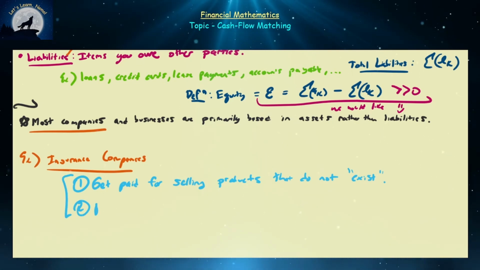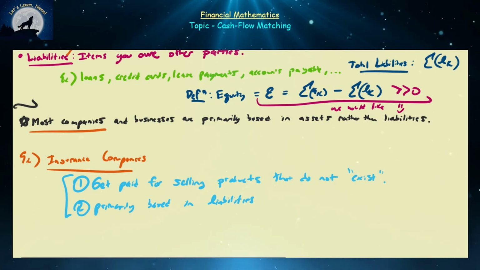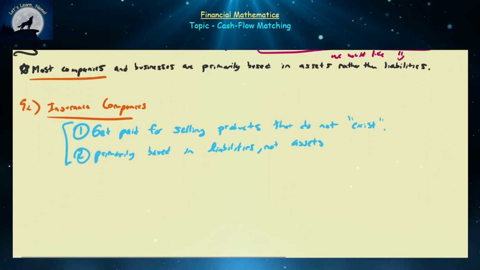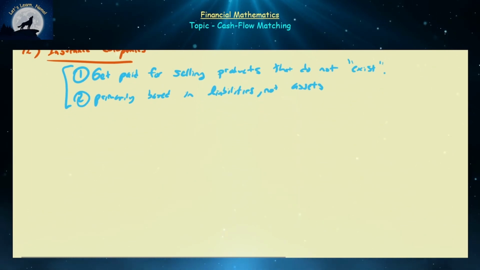And again, they are primarily based in liabilities. That is, they kind of make their money from giving money to other people, not assets. On the surface, that might seem counterintuitive, but let's walk through the basic idea of how insurance companies structure their business model.